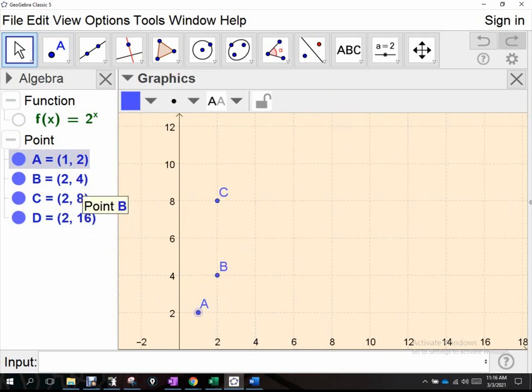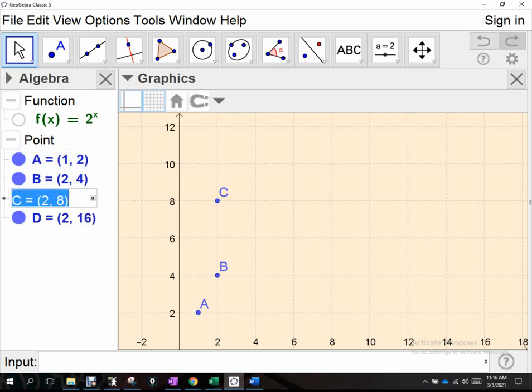This is 2 multiplied by itself twice. This is 2 multiplied by itself, this should actually be a 3, 2 multiplied by itself 3 times, and sorry, I messed this up, this should be a 4. 4 times. So 2 times itself, 2 times 2, 2 times 2 times 2, 2 times 2 times 2 times 2, right? Does that kind of make sense?